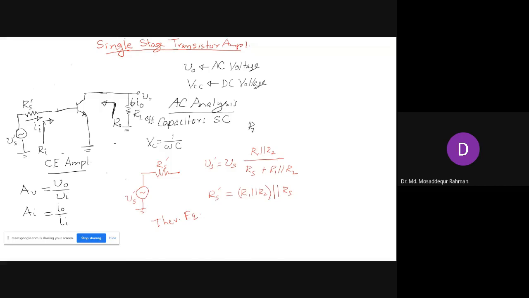So RL effective is equal to RL in parallel with RC.